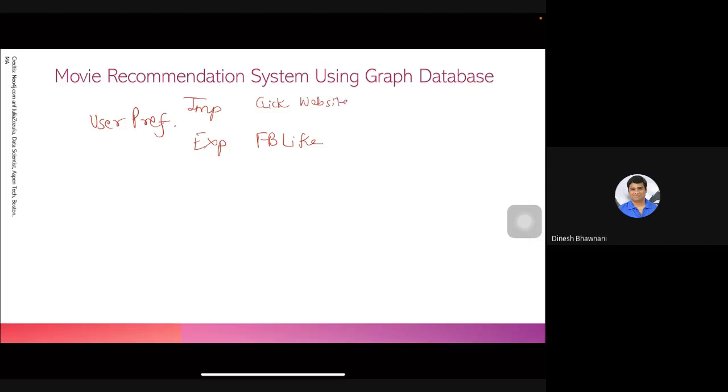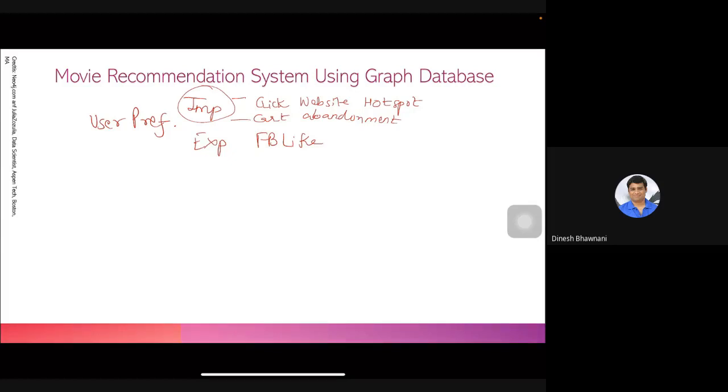There are special tools that will do hotspot mapping or cart abandonment that I had told you. So the user's behavior you are correlating not by asking them explicitly, so that is why it is called implicit. You're taking it without explicitly telling the user.